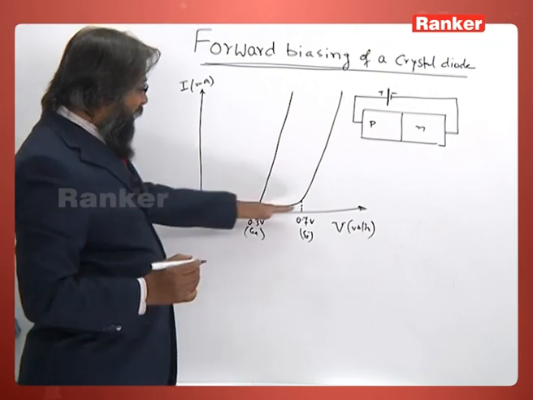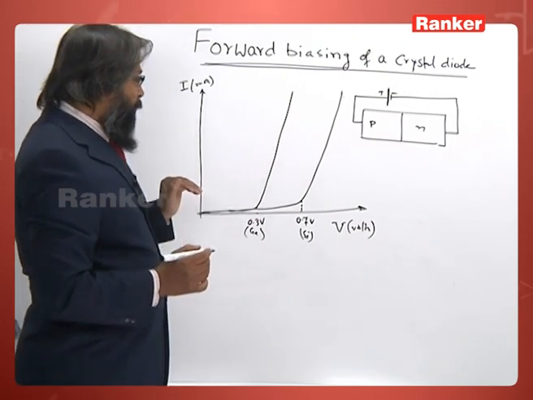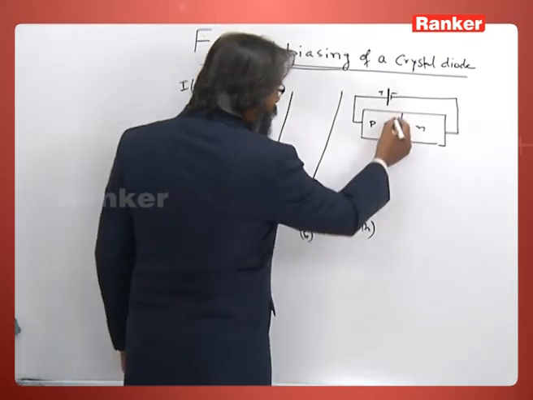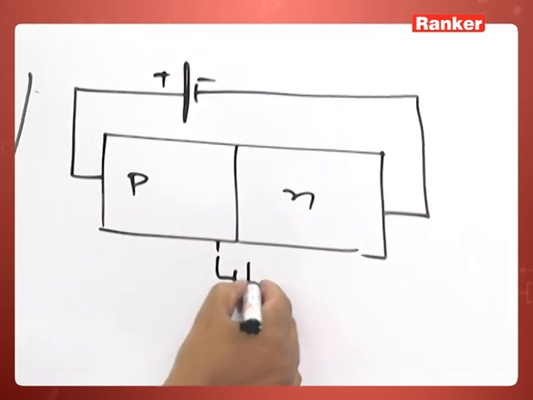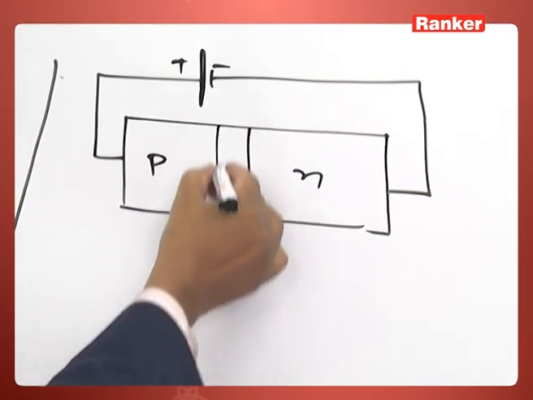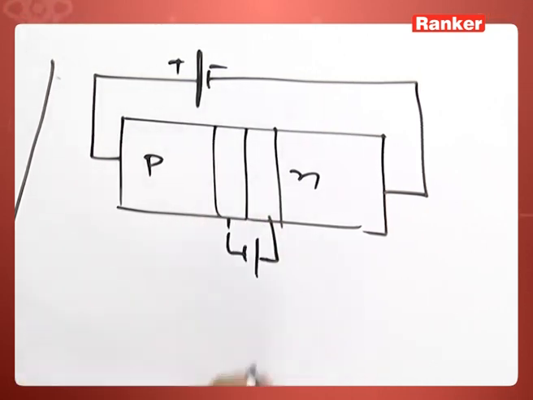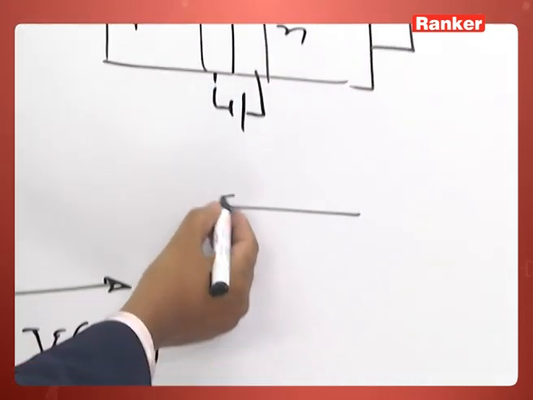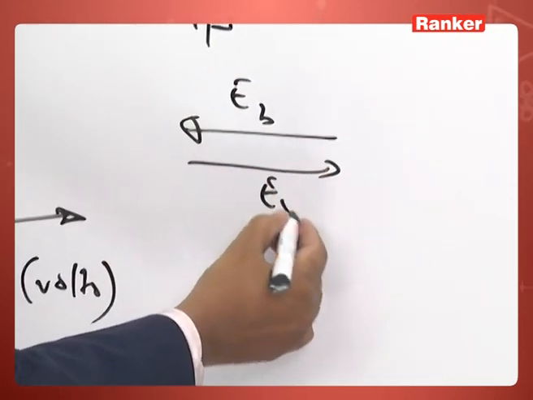So, initially the current does not grow too much because the barrier potential is here something like this. This is the potential barrier. So, at the junction we have two fields. This is E due to barrier and E due to external.